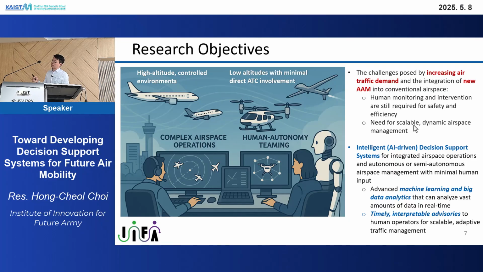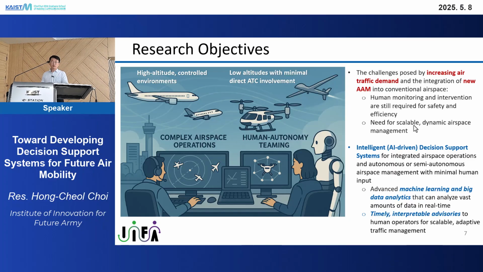So we need some interpretability to assist human decision making. We require these decision supporting systems to enhance the situational awareness of human operators, and also to assist their informed decision making, such as conflict detection and resolution, or scheduling and sequencing problems.